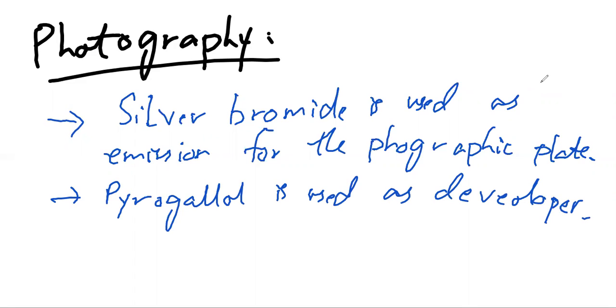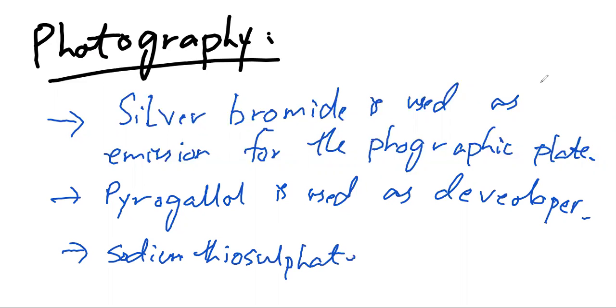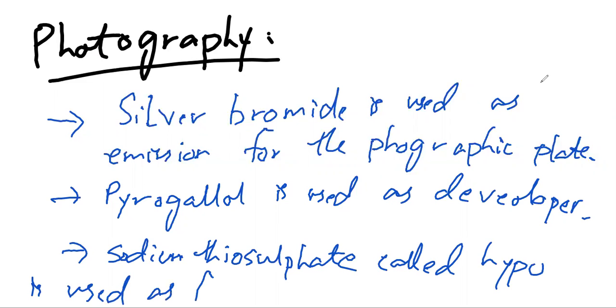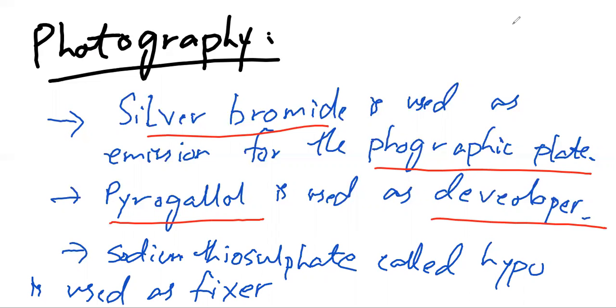Silver bromide on the photographic plate, pyrogallol used as a developer, and sodium thiosulfate, also called hypo, is used as a fixer in photography. These all are the things which you have to remember.